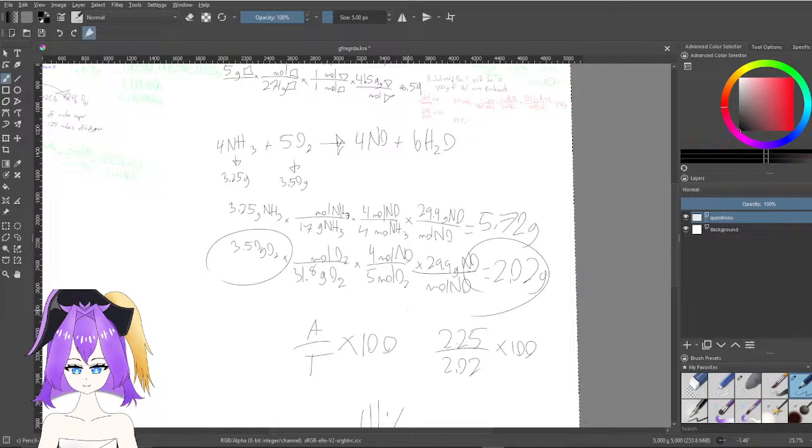5.72. 3.50 grams of O2, 31.8 grams of O2 per mole, times 4 moles of nitrogen oxide over 5 moles of O2, times 29.9 grams of nitrogen oxide per mole, 2.02 grams.